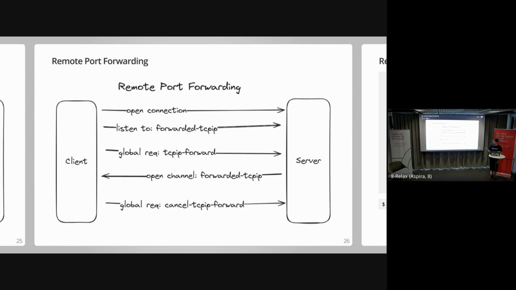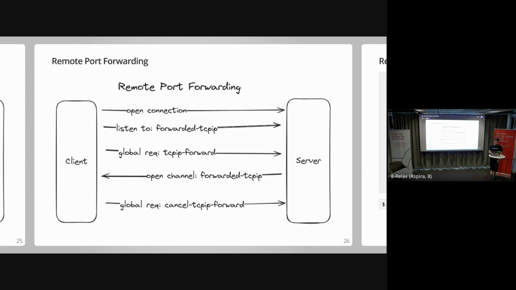And finally, here's the reason why we at Dataddo dived into this rabbit hole. Reverse tunneling. The client first starts listening, then sends a global request to open a channel of type forwarded-tcpip to the server, and if the server agrees, it opens a channel to the client.